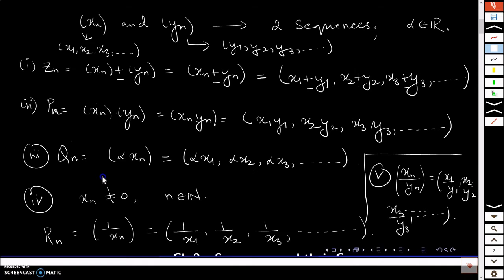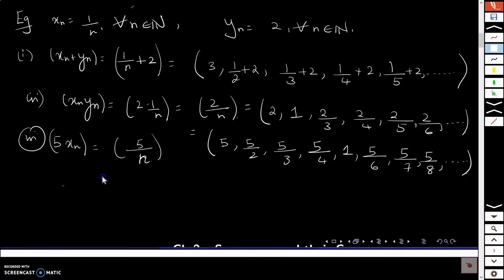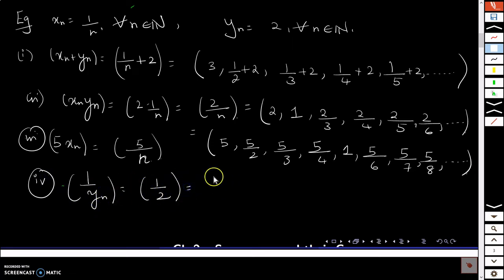Then reciprocal of a sequence. If you look at the sequence yn, I'll pick up 1 by yn in this case, and that will be the constant sequence half. So half, comma half, comma half, comma half, that's a constant sequence half, right?